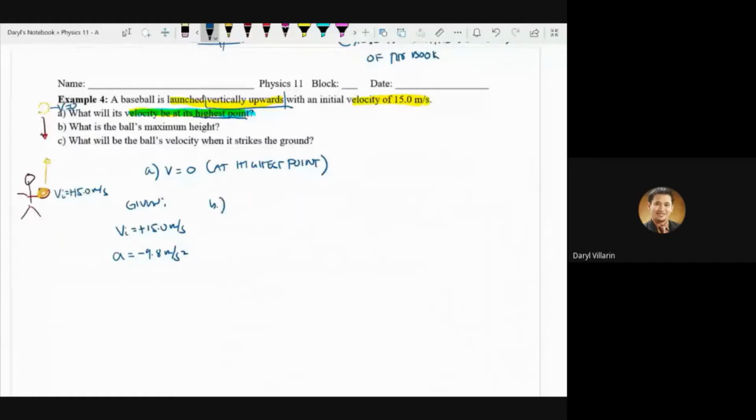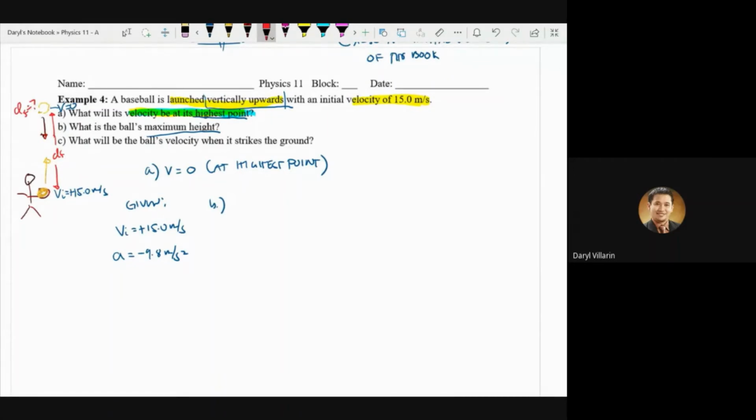What else? For letter B, it's the maximum height. So what would be the position of this object here? Actually, you're looking at what would be the df here.